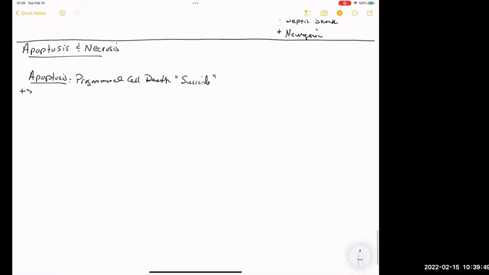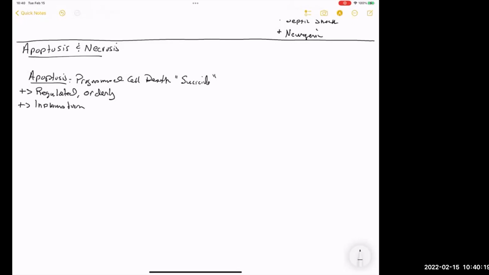But the thing that I want you all to remember is apoptosis is regulated. This is regulated, and this is orderly. And when this occurs, this is not typically associated with inflammation. All right, it is not associated with inflammation.